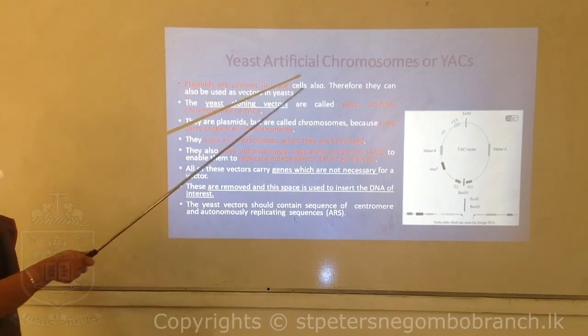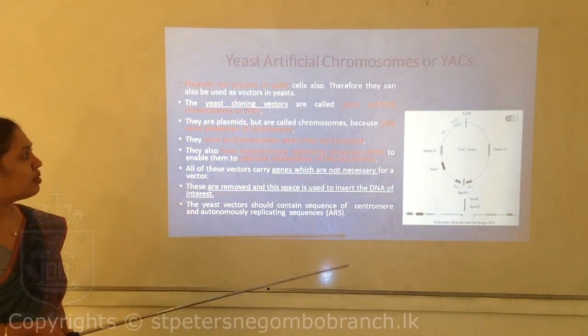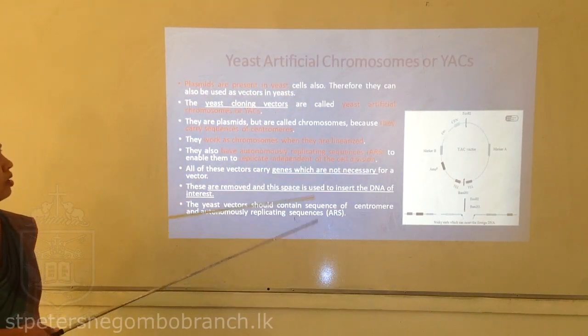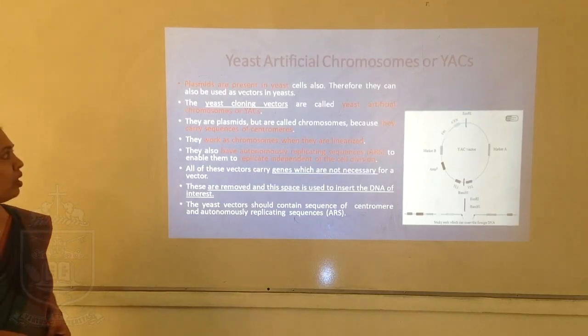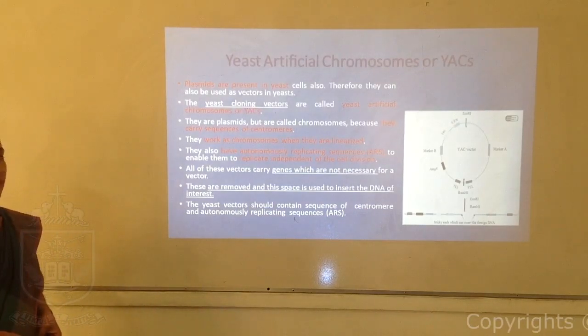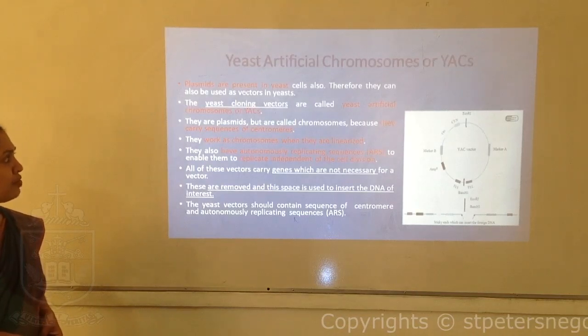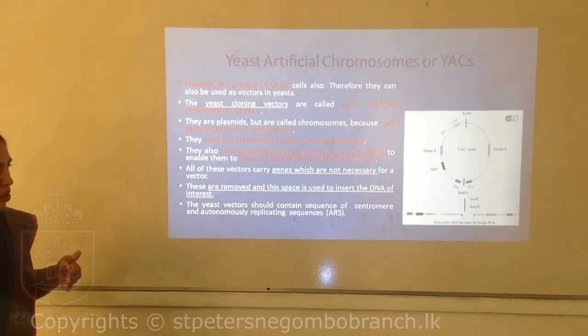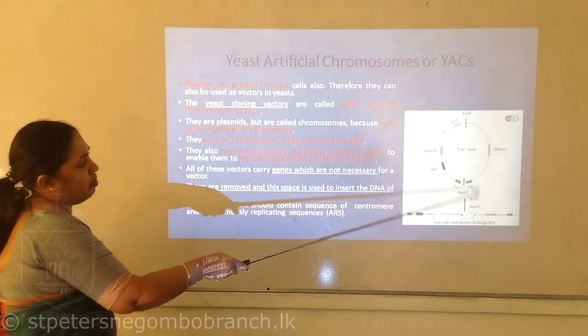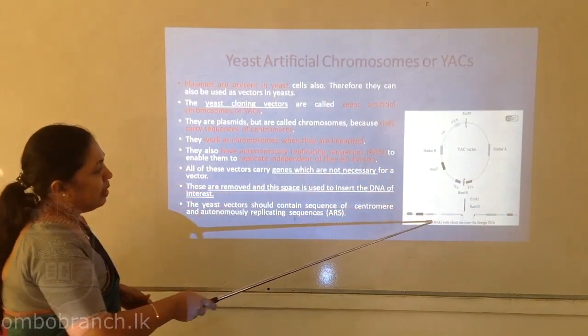So, yeast artificial chromosomes or vectors. Plasmids are present in yeast cells also, like in bacteria, and those are known as yeast artificial chromosomes or YACs, because they can work as chromosomes when they are linearized. We can cut at one end, we can linearize it.